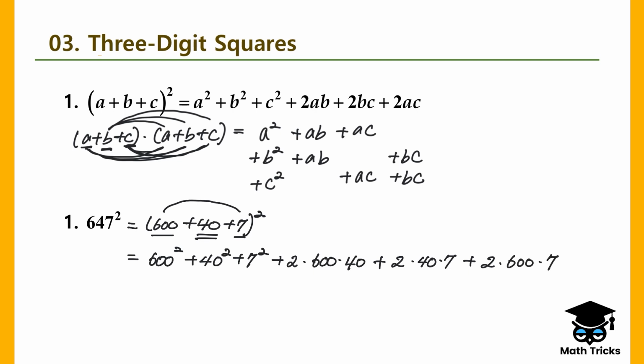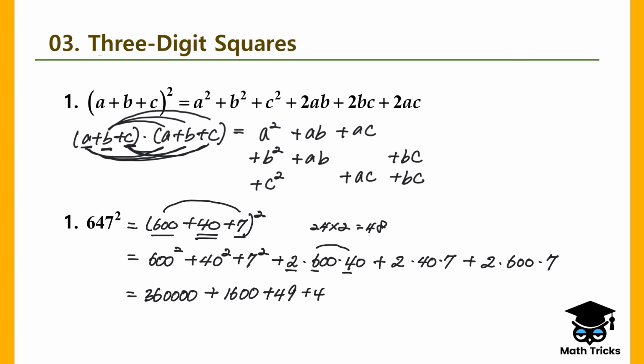Right? So 600 squared is going to be 36 with the 4 zeros. Plus 40 squared, that's 16 with the 2 zeros. 7 squared, 49. Right? 2 times 6 times 4, 6 times 4, that's 24. So 24 times 2, that's 48.